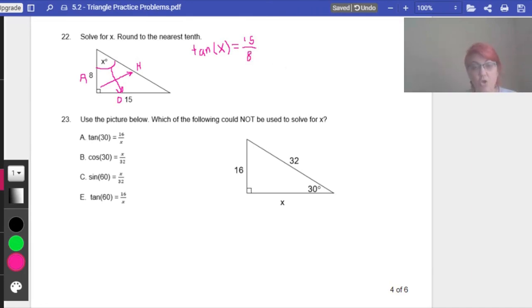Okay, so here's the problem. I can't type tan x and set it equal to 15 over 8 in any of my calculators. So here's what I have to do. I have to use the inverse. And what the inverse will do is it's going to swap the x and the y. Basically, in a trigonometric function, whatever value this is your x value, and this is your y value. So we're going to swap them.